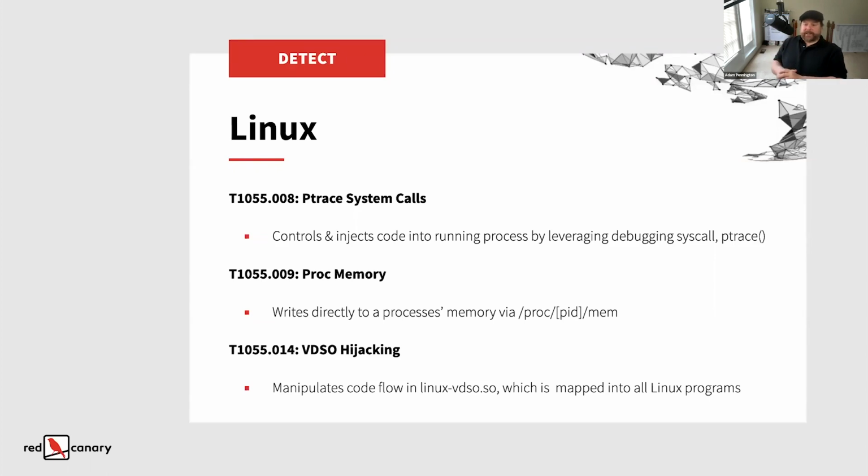VDSO hijacking is a bit more exotic. This is taking advantage of some functionality and stubs that have been put into the kernel for virtual dynamic shared objects. So basically a way of being able to run kernel system calls in a way that doesn't do an int 0x80, doesn't go all the way into the kernel.